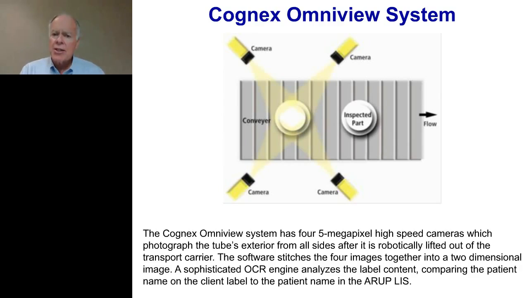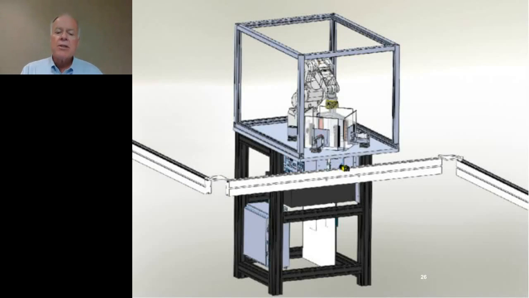So you're taking a cylindrical, or 3-dimensional, image of the outside of the tube, and you've made it into a 2-dimensional image, and then you can do OCR analysis. That's the principle. This is a CAD drawing of the system next to our automated conveyor. And at this point, we're going to play a video for you of the system in operation.